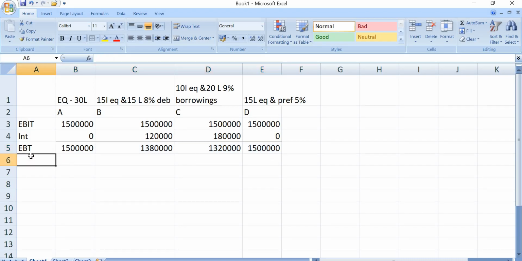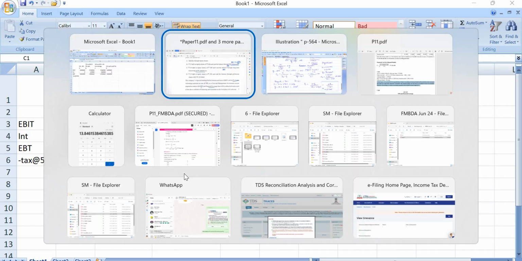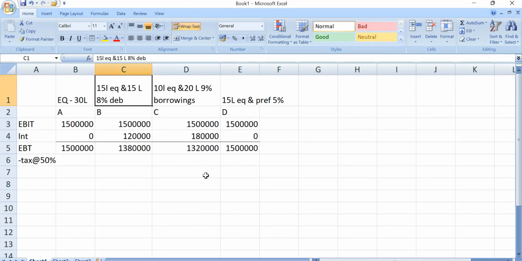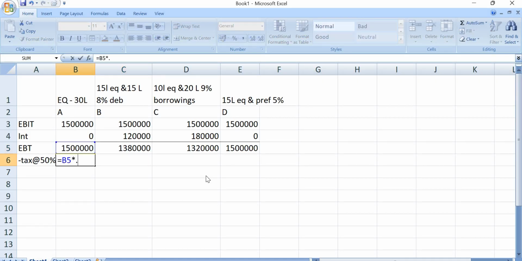So now let's calculate tax. So how much is my tax percentage? Tax is at 50 percent. So corporate tax is at 50 percent. So out of 15 lakhs, I'm going to pay 50 percent as tax.